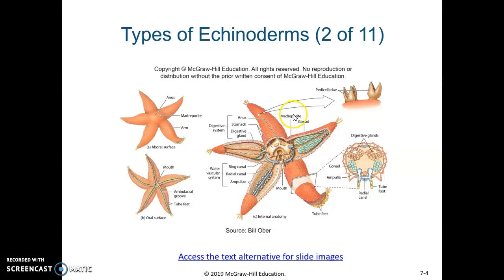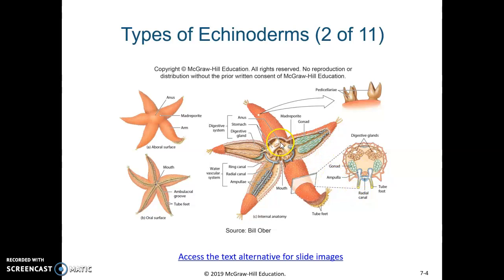So it's a water vascular system, where water's coming in through the madreporite, through the canal, through the ring canal, out to the radial canal, to the ampullae, to the feet, and that's how they're moving. So they're using water pressure and controlling that so that they can actually move. And they're surprisingly fast in their ability to move.